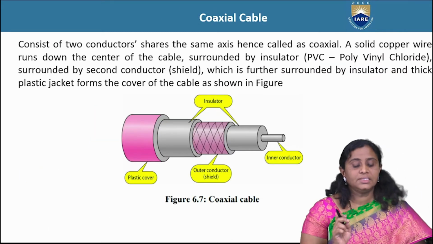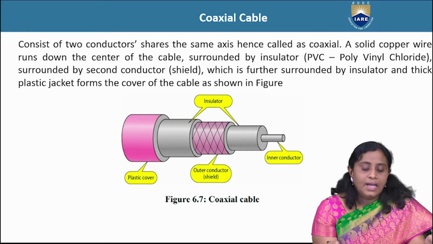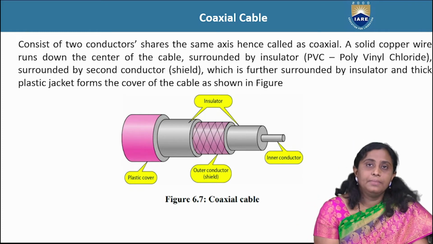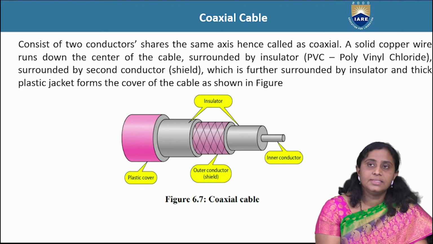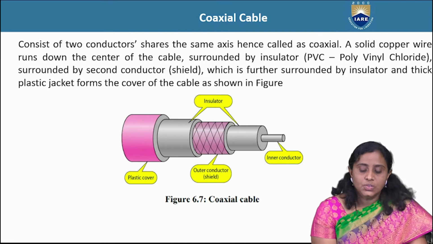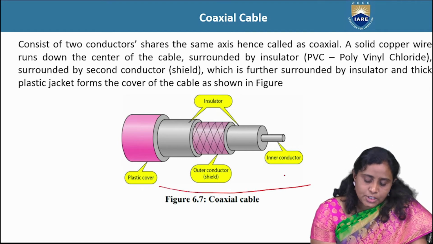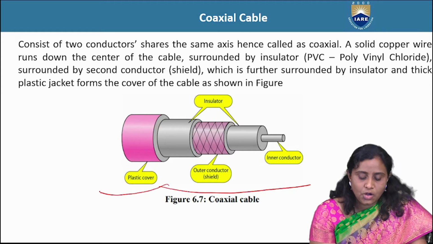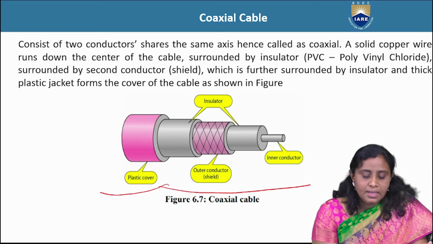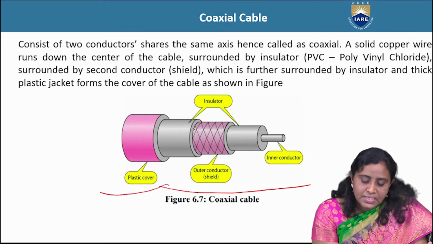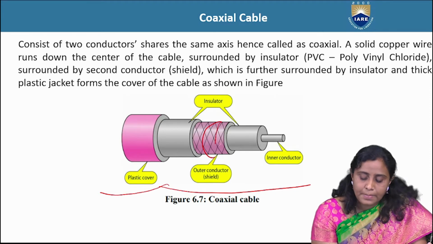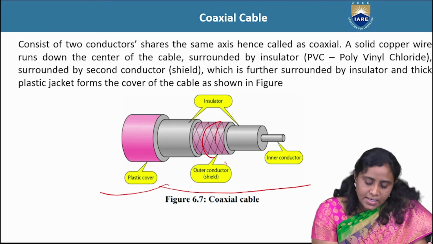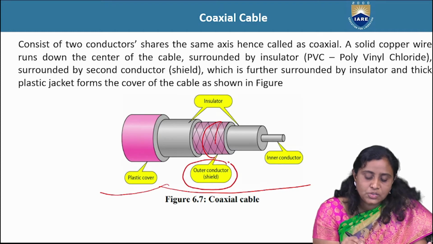The next transmission medium under guided media is the coaxial cable, which consists of two conductors that share the same axis, hence the name coaxial. In the diagram in Figure 6.7, the center conductor of the cable is surrounded by an insulator, shielded by PVC, polyvinyl chloride, and surrounded by a second conductor, the outer conductor, protected by a shield.